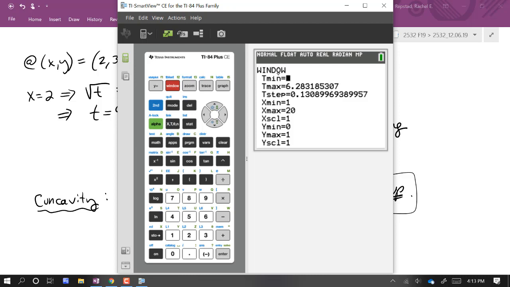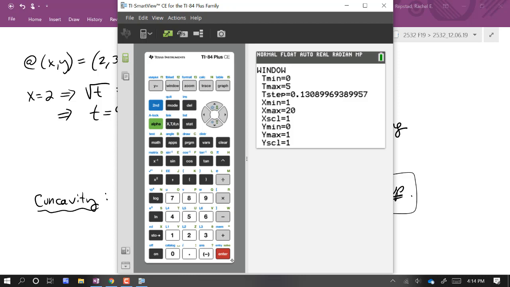So it wants to know, where does t begin, and they told us that it starts at 0. A t max, let's see, the point we're interested in we found is when t equals 4, so maybe I'll go t equals 5. And then a t step. Basically it's asking, how often do you want me to stop and calculate coordinates of a point? The smaller your t step is, the longer it will take to graph, but also maybe the smoother the curve will appear.